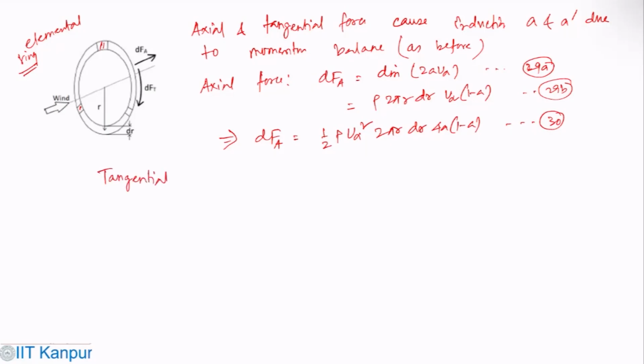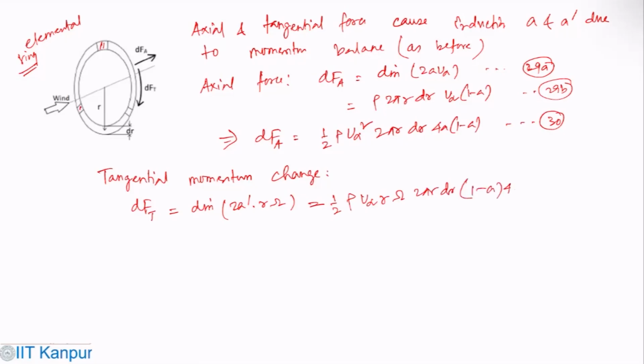So now what you can have is the tangential momentum change, so that is dFt, dm dot a prime r omega, which is half rho u infinity r omega 2 pi r dr (1 minus a) 4a prime.